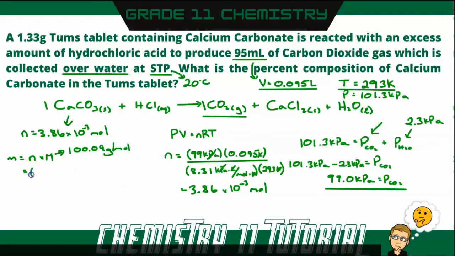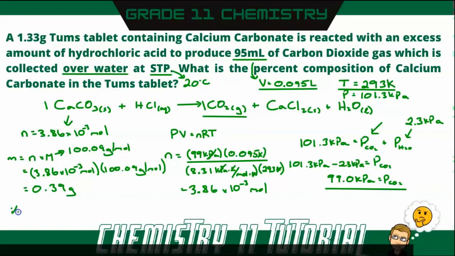So when we multiply the number of moles times our molar mass, we will get the mass of calcium carbonate, which turns out to be 0.39 grams.